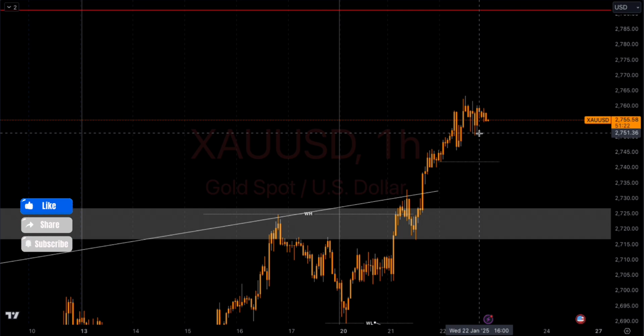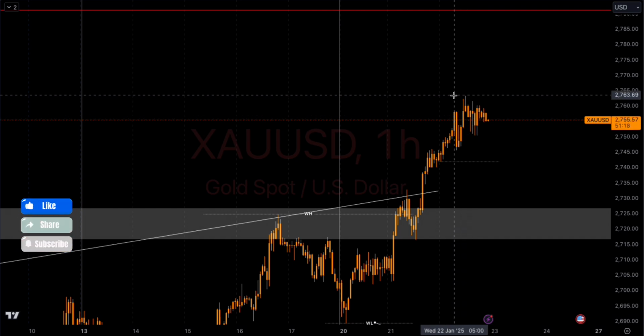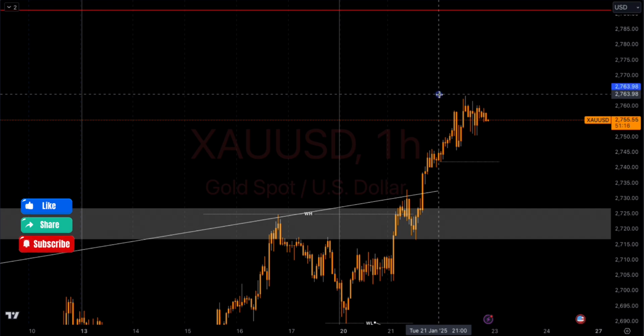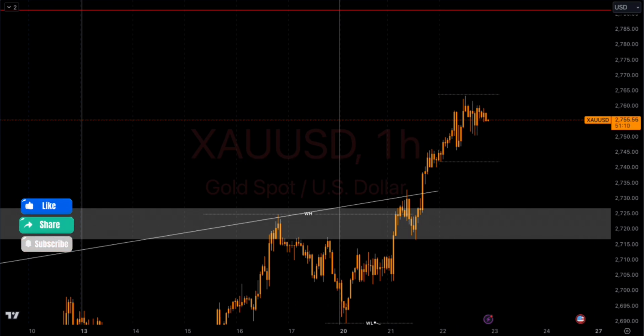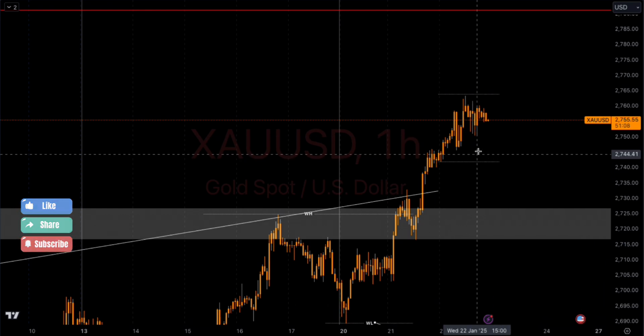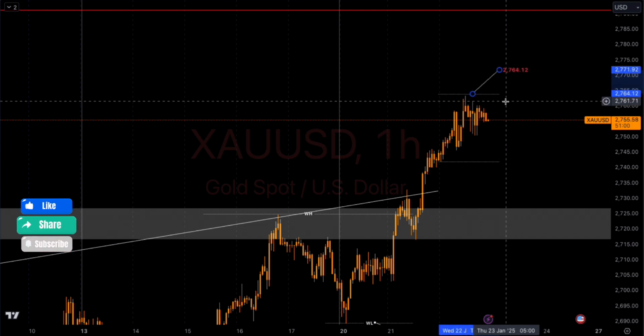As it stands, with the time being 8:08 in the evening, I'm going to go off the vibe that this level right here that I'm about to point out to you guys is in fact the high of today and the low of today, right? Price is going to stay in the middle until it closes in about an hour or two's time.